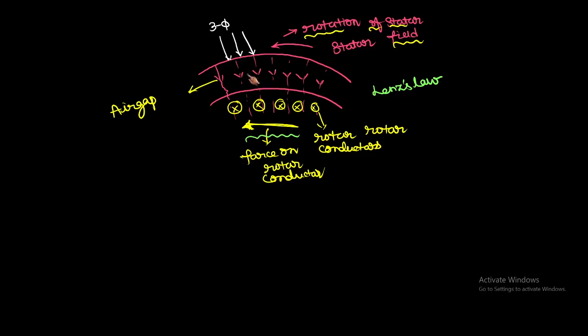They rotate in the same direction as the stator field, but definitely there will be a gap between their speeds, because of the relative speed between the magnetic field and the stationary rotor conductors. The rotor is going to rotate.